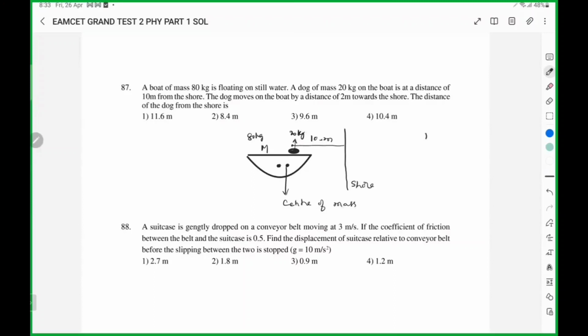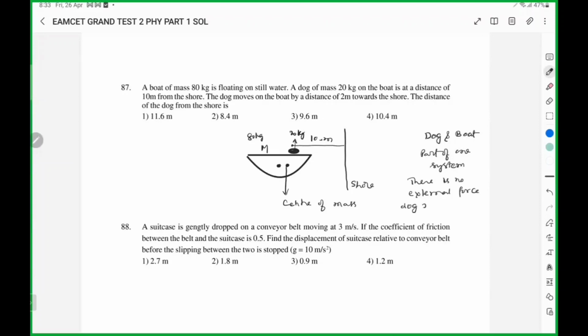Now, the dog and boat are part of one system. There is no external force. The dog is part of the system.